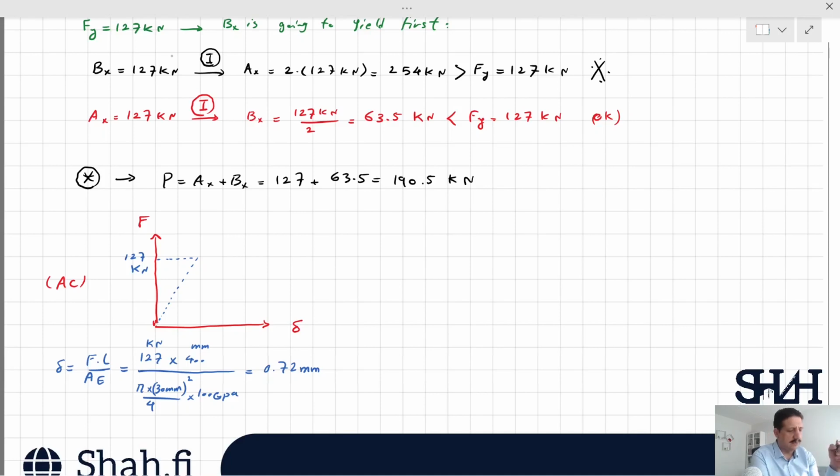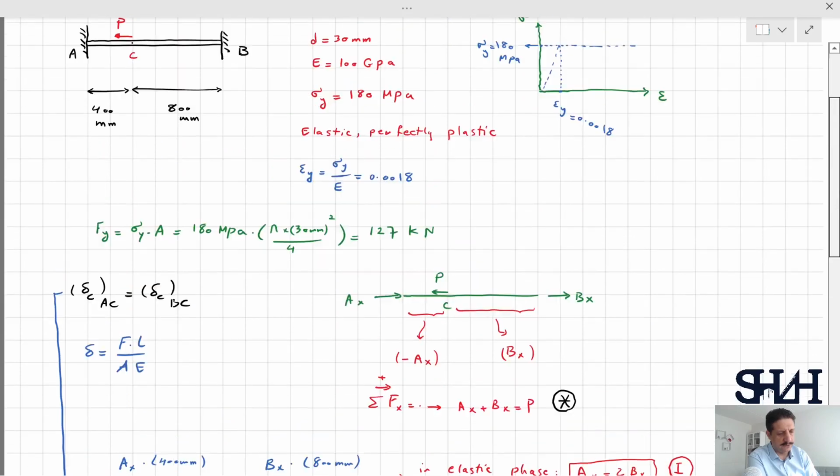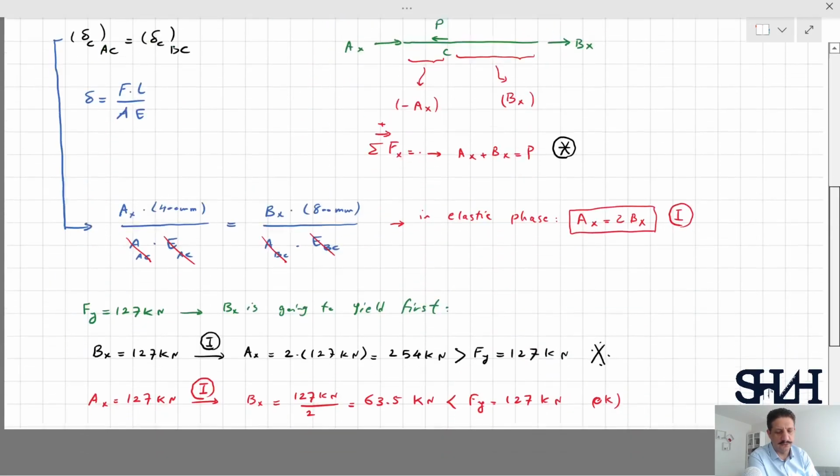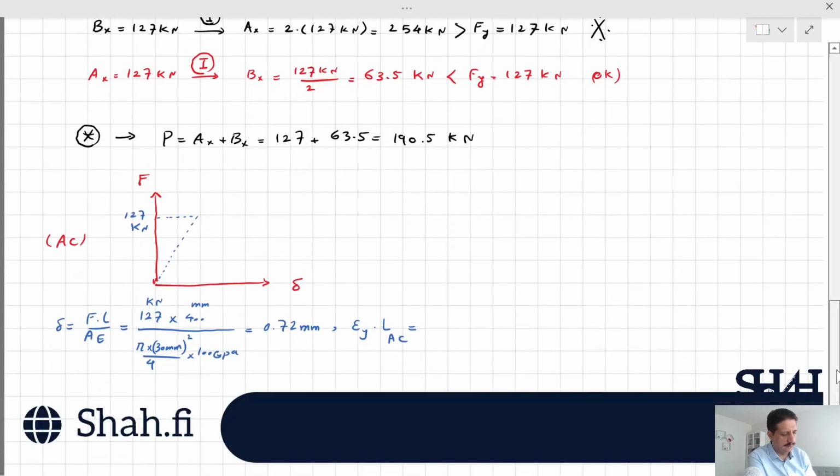We can calculate this directly from the strain. We have the yield strain times L of AC. It's the same. So epsilon Y we calculated and it was 0.0018. So it will be 0.0018 times 400 millimeter, exactly the same, 0.72 millimeter.